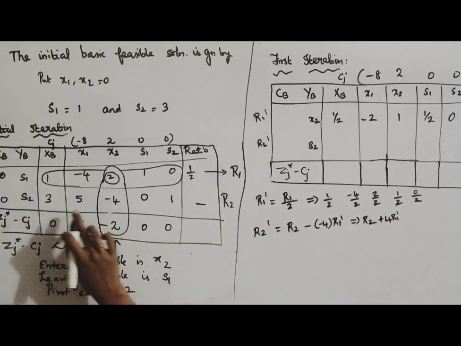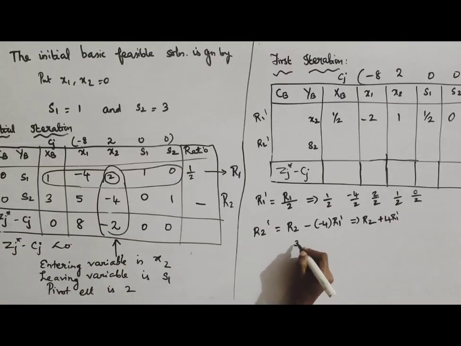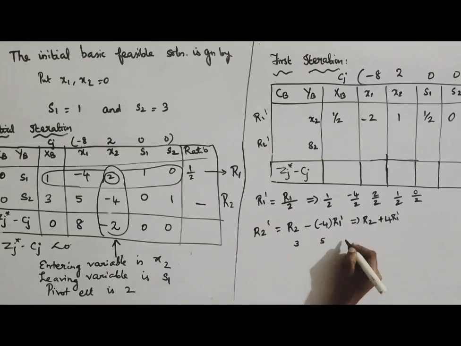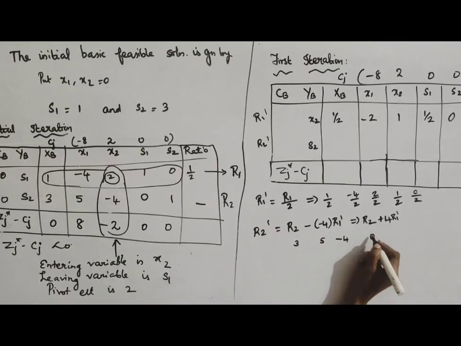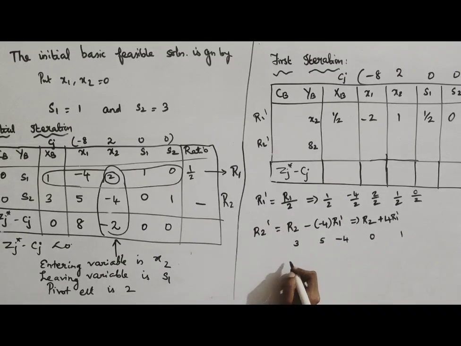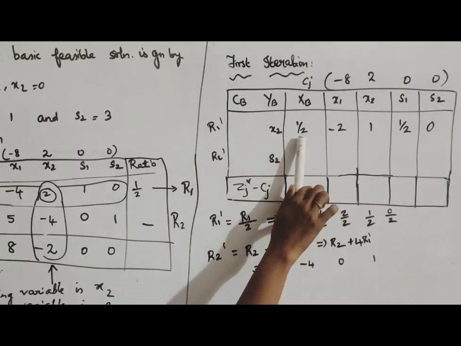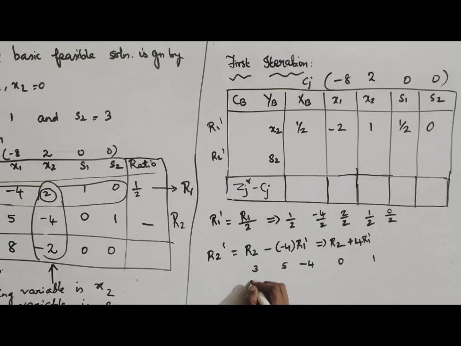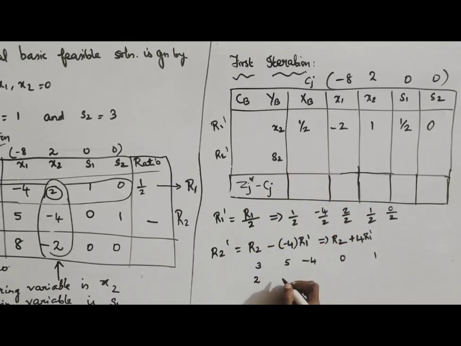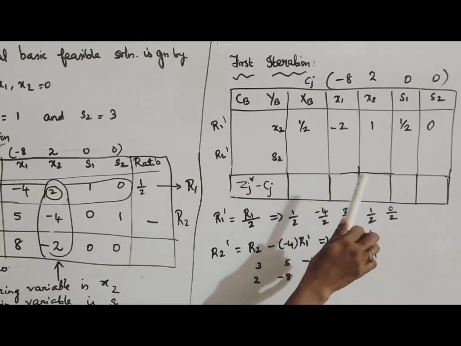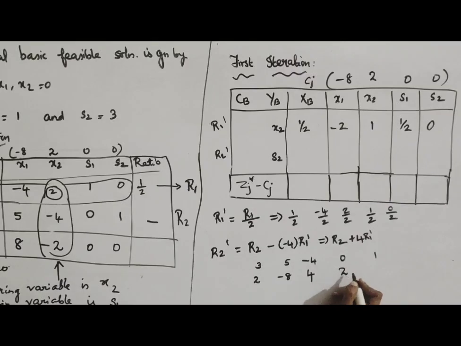Okay. What is R2? 3, 5, minus 4, 0, 1. What is R1 dash? 4 into 1 by 2, 2. 4 into minus 2, minus 8. 4 into 1, 4. 4 into 1 by 2, 2. 4 into 0, 0.